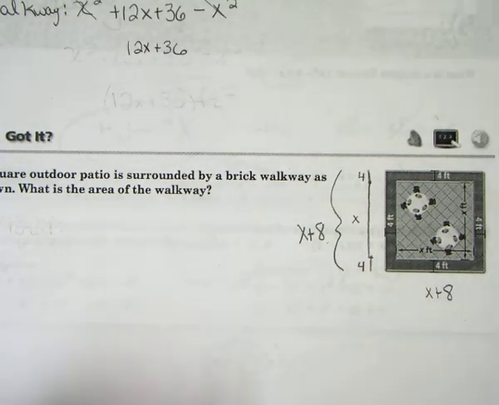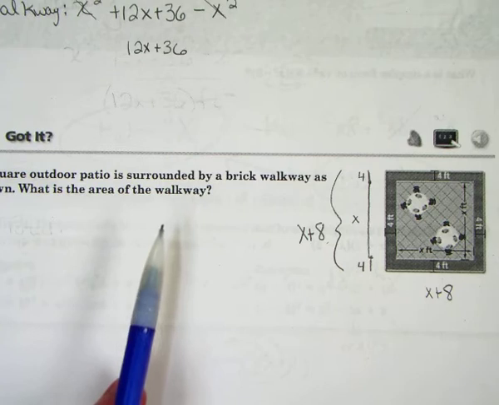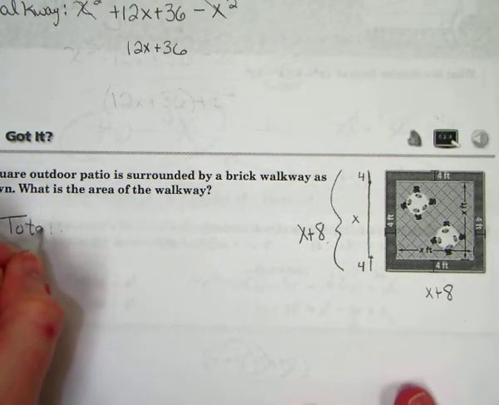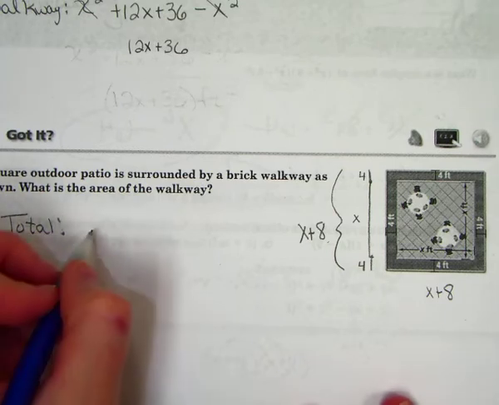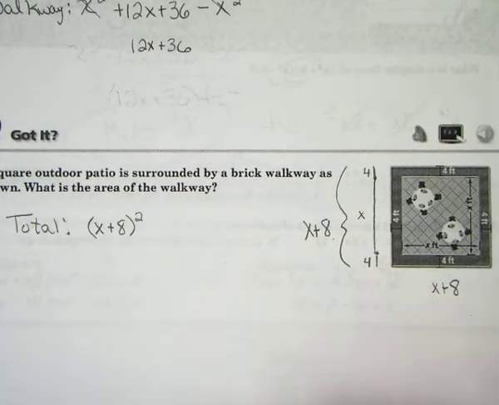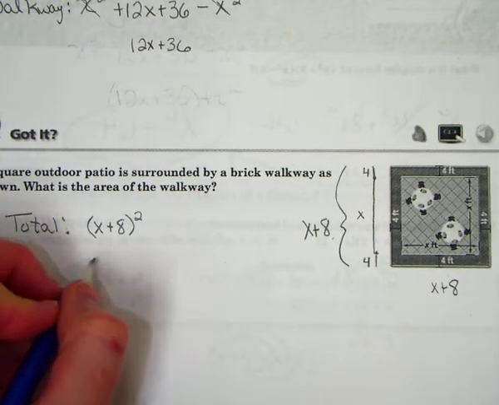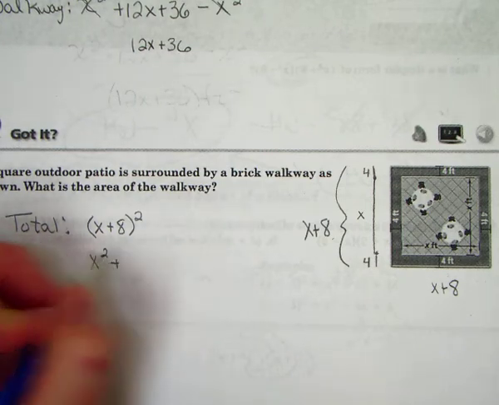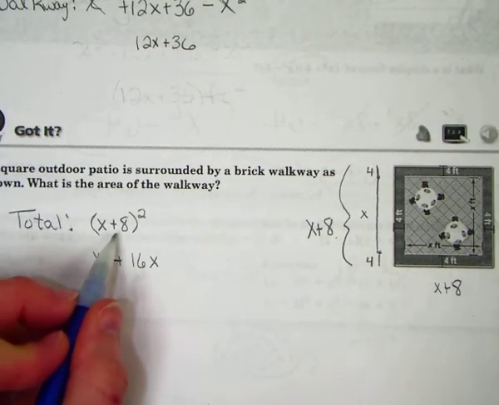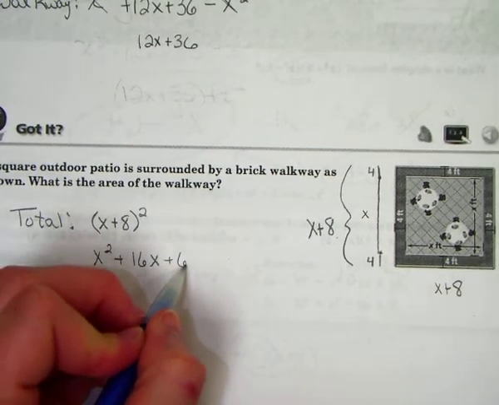If we keep going, it asks us for the area of the walkway again, so we're going to do the total. And the total is going to be made of x plus 8 two times, because length and width, so we're going to do x plus 8 squared. If we do x plus 8 squared, that's going to make x squared plus 16x, that came from the shortcut, because 2 times 8 times x, plus 64.